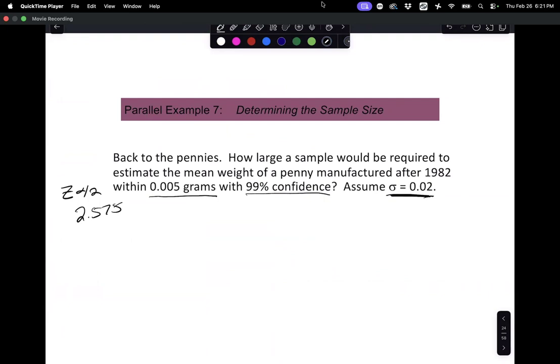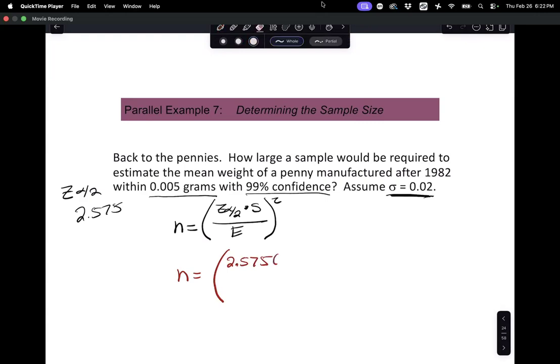All right, so our N equals Z sub alpha divided by 2 times standard deviation divided by the margin of error, squared. So N is going to equal 2.575 times 0.02 divided by 0.005.